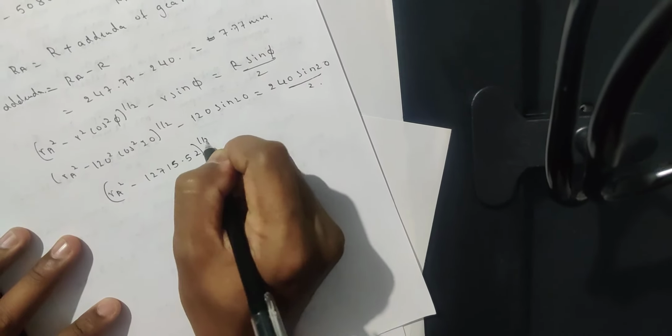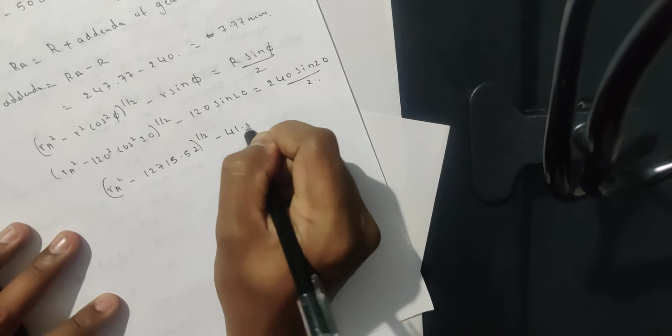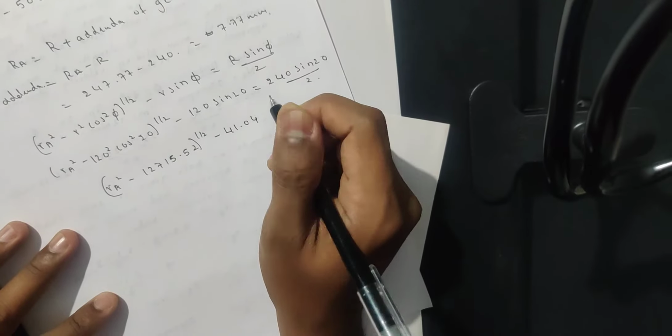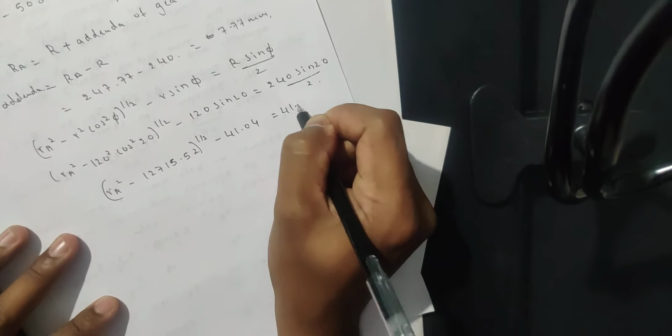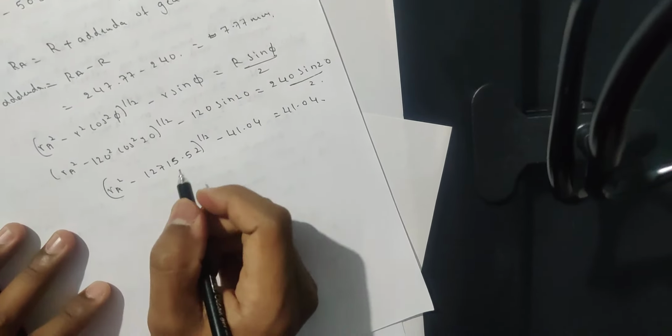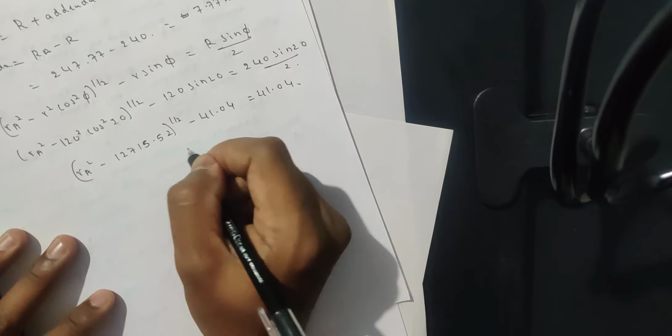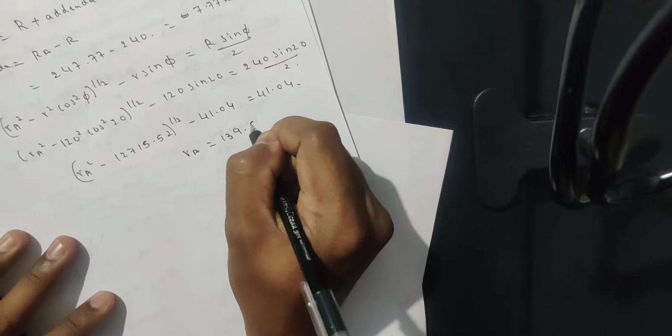Solving, RA square minus 12715.52, 1 by 2, minus 41.04 should be equal to 41.04. So RA you will be getting as 139.5 mm.